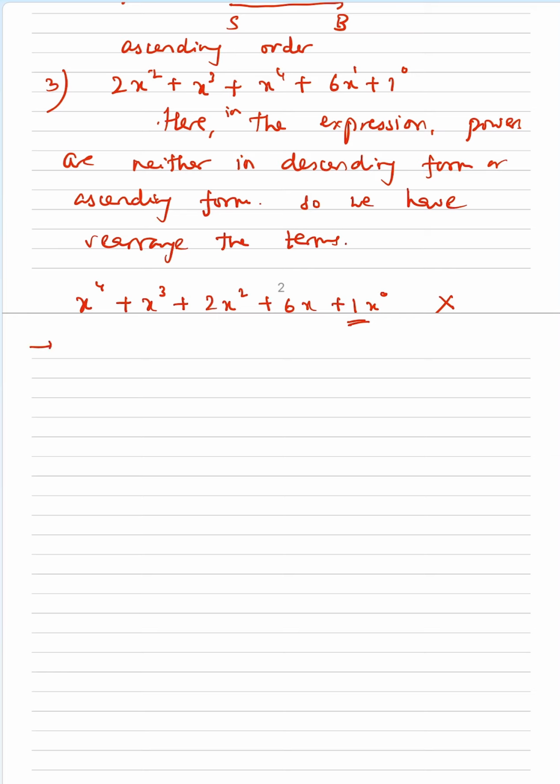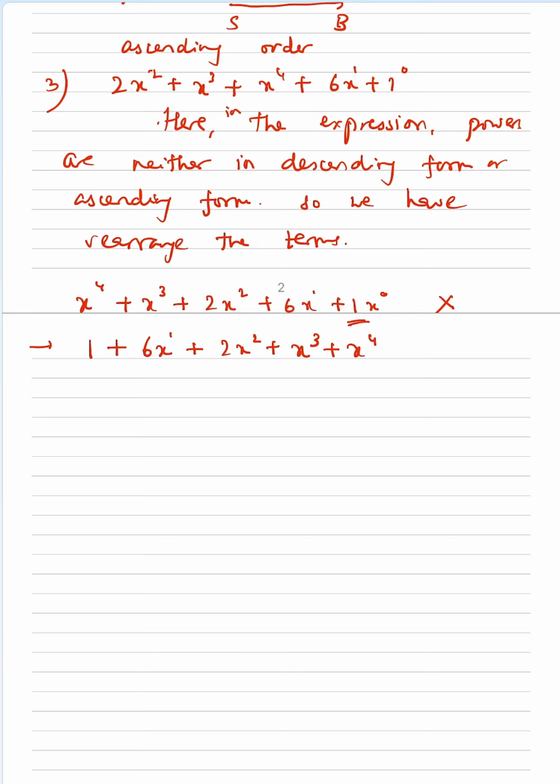The right way will be 1, then you have to write plus 6x, then plus 2x square plus x cube plus x raised to 4. So 1, 2, 3, 4.